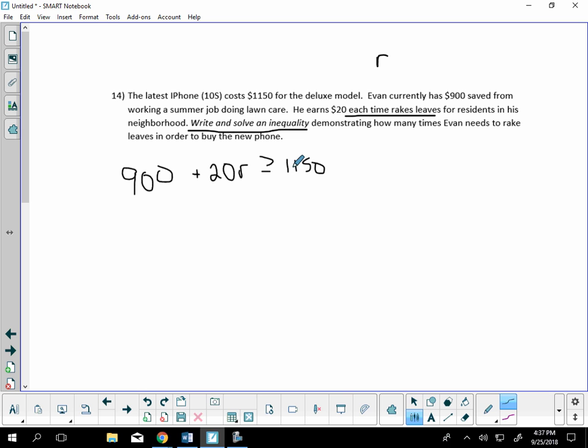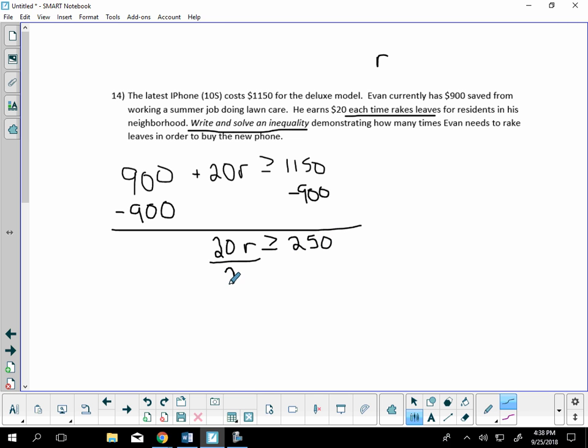So it can be bigger or equal to. So I'm just going to start then by subtracting 900. And when I do that, I'm going to get 20R is greater than or equal to 250.